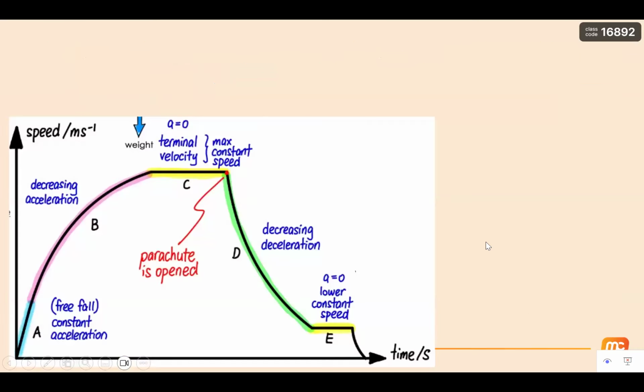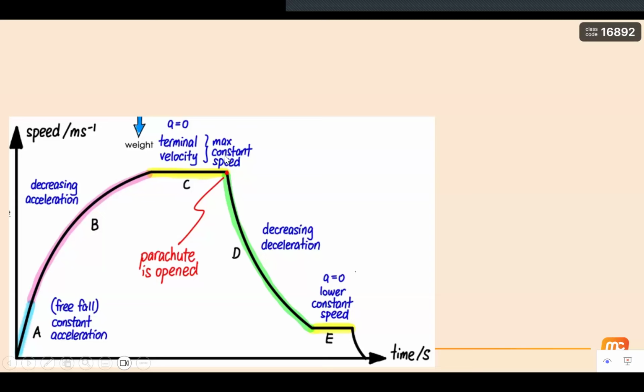Okay, so this is how a velocity time graph, or speed time graph, for an object falling with air resistance looks like. This is actually a parachutist jumping down from an aircraft. Usually questions will ask you to describe the motion of the parachutist in terms of the forces acting on the parachutist.